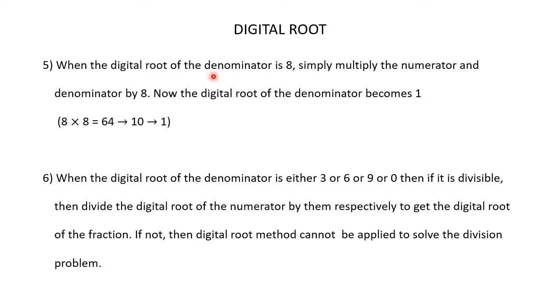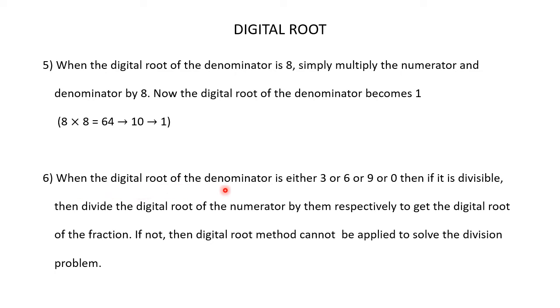When the digital root of the denominator is 8, simply multiply the numerator and the denominator by 8. Now the digital root of the denominator becomes 1 because 8 multiplied by 8 is 64 and 6 plus 4 is 10 and 1 plus 0 is 1.